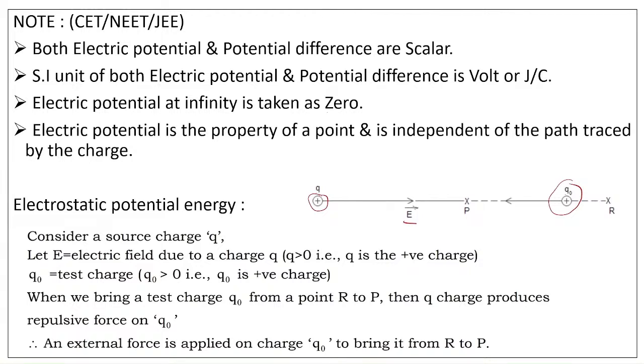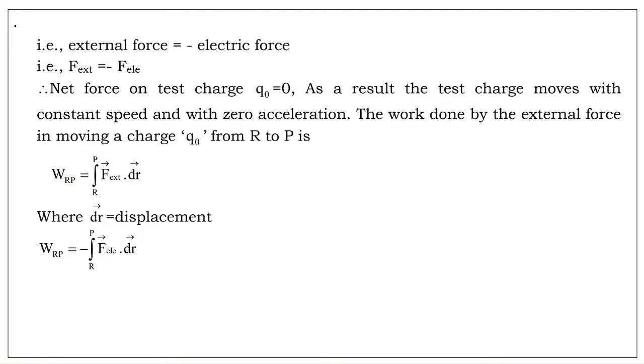Therefore, an external force is applied on charge Q0 to bring it from R to P. That is, external force is equal to minus electric force. Net force on test charge Q0 is equal to 0. As a result, the test charge moves with constant speed and with zero acceleration.